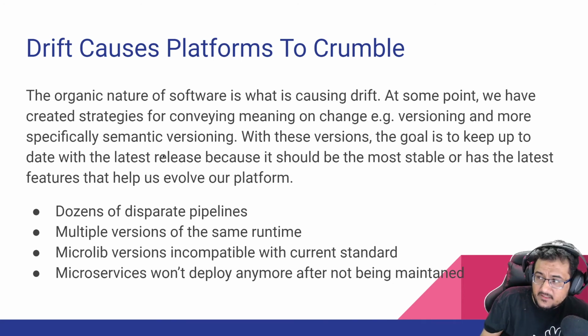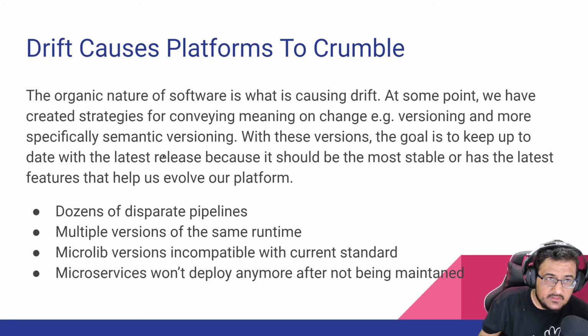And we have created strategies to contain that drift and allow consolidation of all the technologies that we have. We have created semantic versioning. We have created other types of meaning in order to convey change, but you should always use the latest of the libraries, and if latest is wrong, then you need to keep rolling forward until you fix it.